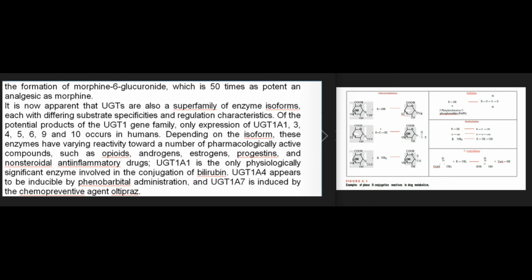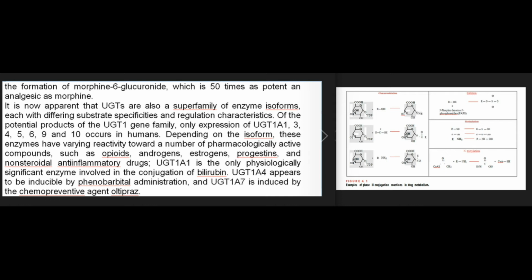It is now apparent that UGTs are also a superfamily of enzyme isoforms, each with differing substrate specificities and regulation characteristics. Of the potential products of the UGT1 gene family, only expression of UGT1A1, 3, 4, 5, 6, 9, and 10 occurs in humans.